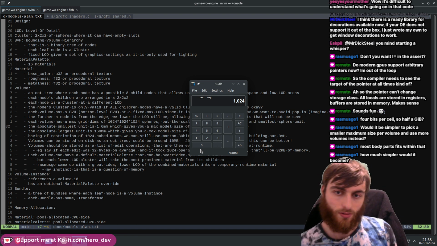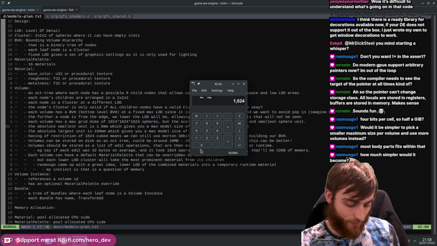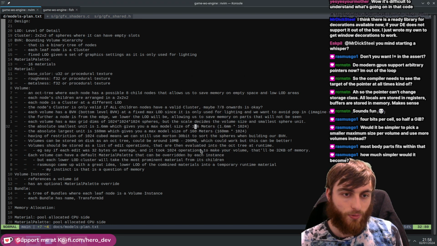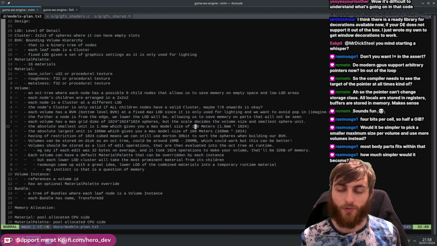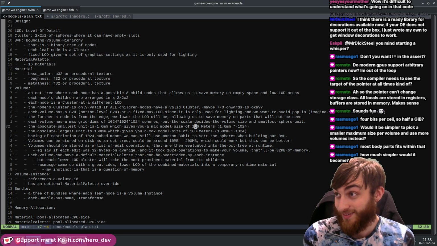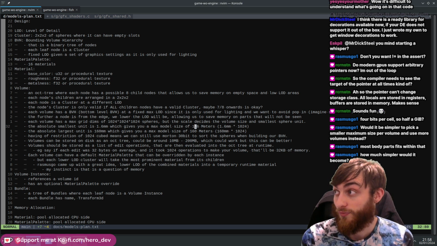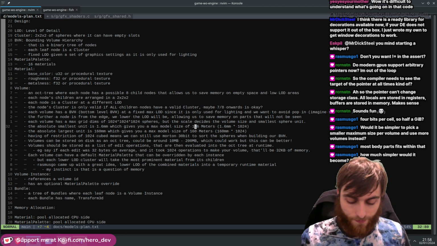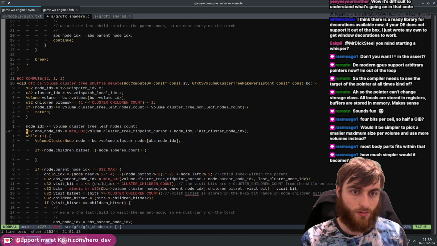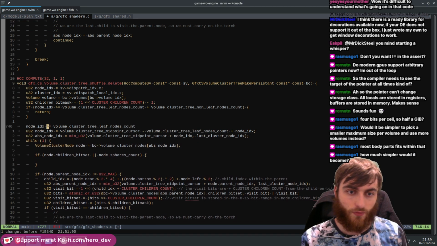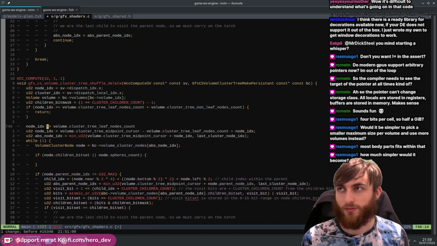And then it's not really a meter, right? It's 1024. So how much simpler would it become? Then we won't have to do multiple passes to build a volume. First of all, this shuffle delete wouldn't have to exist, right?